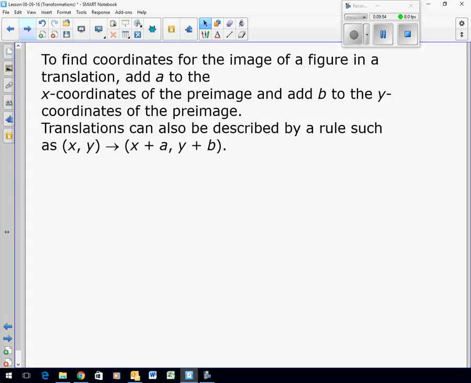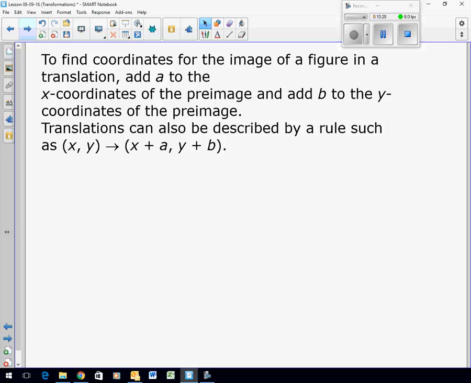Take your pre-image coordinates, x, y, whatever the coordinates are: -4, 5; 1, 0; 3, -6. Take those coordinates for your shapes. For each coordinate, you will either add A or subtract A. You'll add 5, you'll subtract 2. You'll add B or subtract B. Add 7, subtract 6.